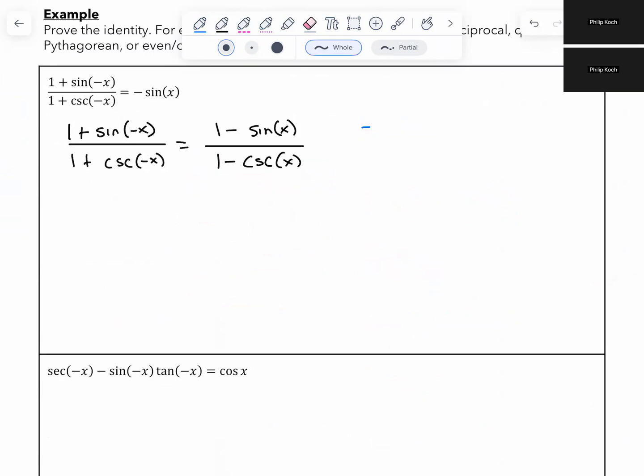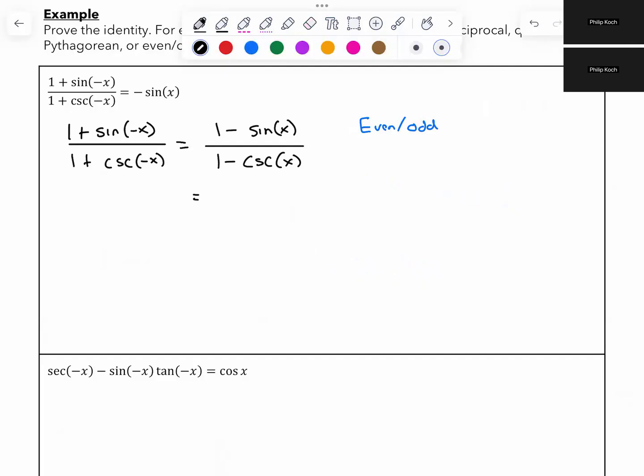So I'm going to rewrite cosecant in terms of sines and see if I see a sign from above. So this will be 1 minus sine of x over, oh, wait. I didn't mean to erase all of that. I didn't mean to re-erase the even odd.